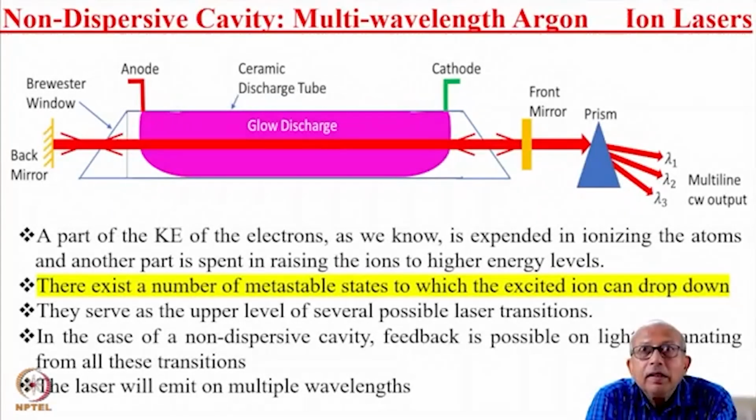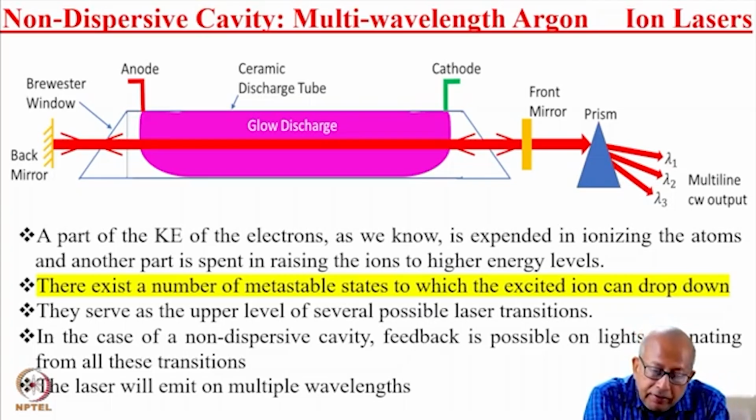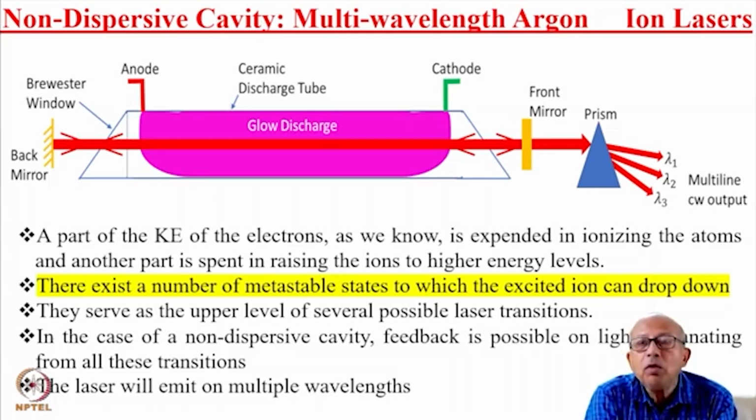All right, in the previous class, we have gained an insight into the operation of ionic gas lasers, and we now know that the active medium in ionic gas lasers is ions, that is the light emitting species, which are actually manufactured in the gaseous discharge by stripping the outermost electrons from the neutral atom.